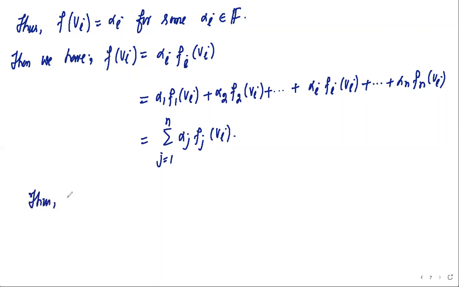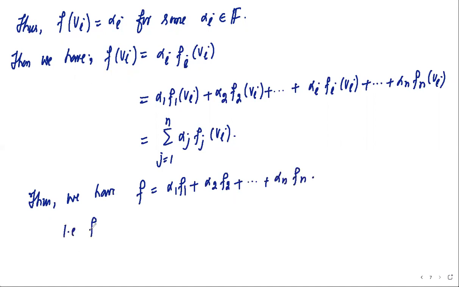So thus we have f equal to alpha 1 f1 plus alpha 2 f2 plus so on plus alpha n fn. So f belongs to the span of beta star. So we have completed showing that beta star is linearly independent, and that it spans the whole of V star because we have chosen f from V star arbitrarily.